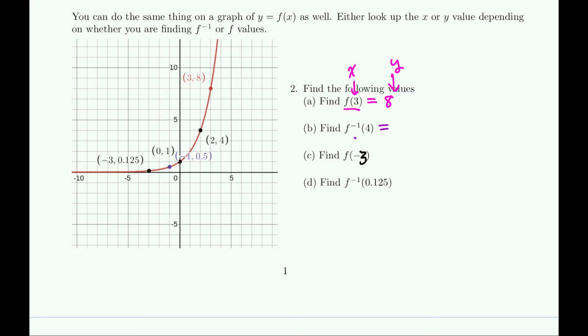So since this is f inverse, I know that the 4 is a y value, and I'm looking for the x value. So you look for where the y value is 4. It seems to be right here, right? 2, 4. And if the y value is what we were looking up, the x value will be the answer. So this will be a 2.